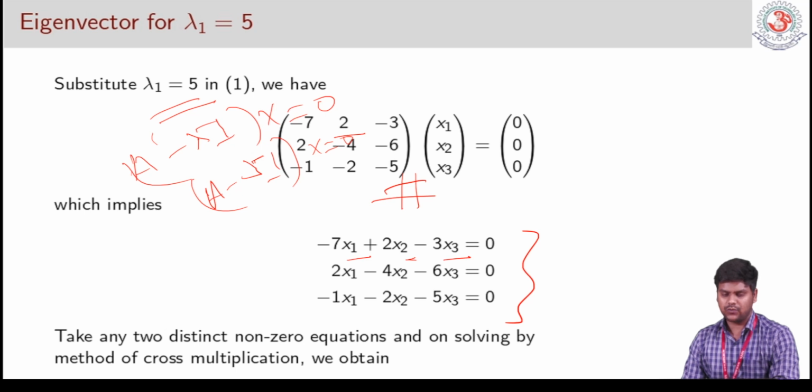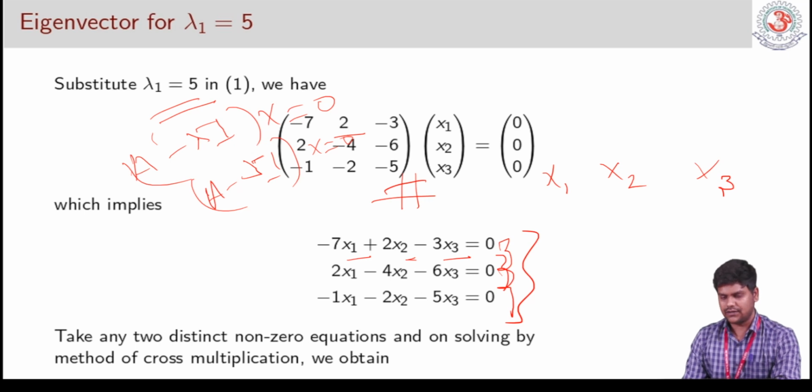For that, we are going to use the method of cross multiplication. To use it, we need two distinct equations, so I'm going to consider the first two distinct equations, with x1, x2, and x3. The same process as the last example. Start with the coefficients of x2: 2, minus 3, minus 7, 2.